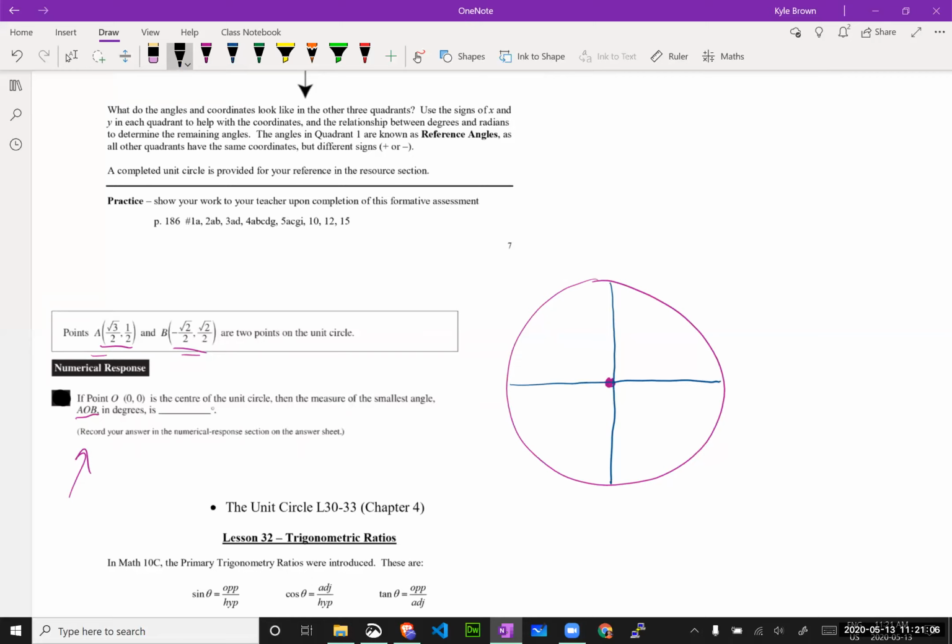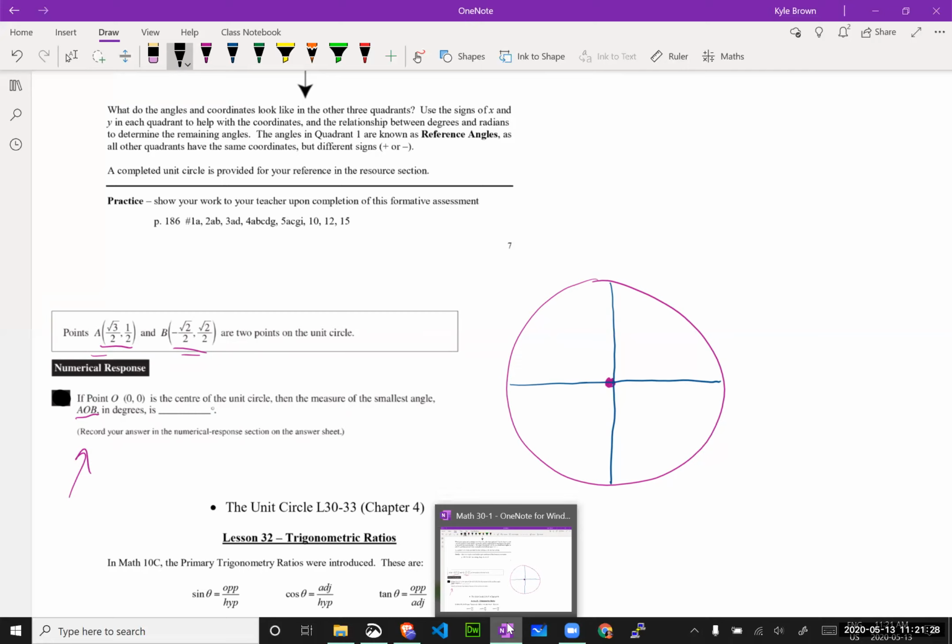Okay, now point A, √3/2, right? So where is that going to be? So yeah, √3/2 for your x value, right?